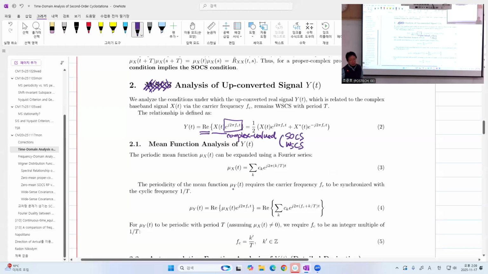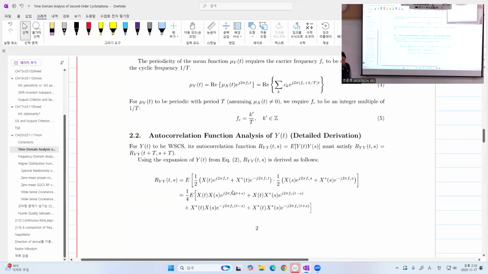Let me delete this one. So let's temporarily not assume x of t is Y-sense cyclostationary or second order cyclostationary. Just consider x of t as complex valued. Got it? And also, we are not going to think about that. Let's focus on the autocorrelation function of the real passband random process.